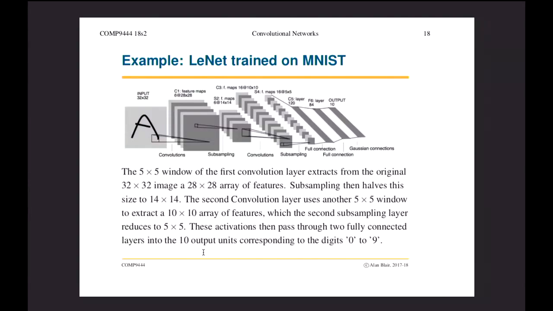So the 6 filters in the first layer, why should each of those filters represent a different feature when they're all trained on the same inputs? Well, the same way if you had a 2-layer network with 6 hidden nodes, they would differentiate.